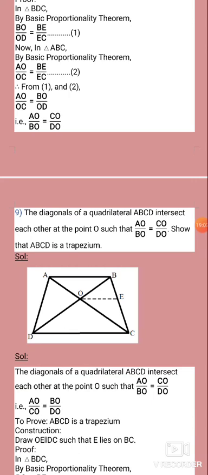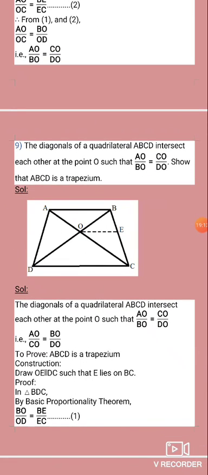So the condition, the ratio is in proportion. We need to prove ABCD is a trapezium. The solution is this one. The diagonals of a quadrilateral ABCD intersect each other at the point O such that AO by OB is equal to CO by DO. That condition is given.